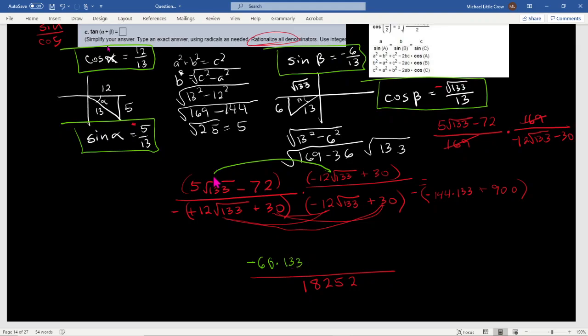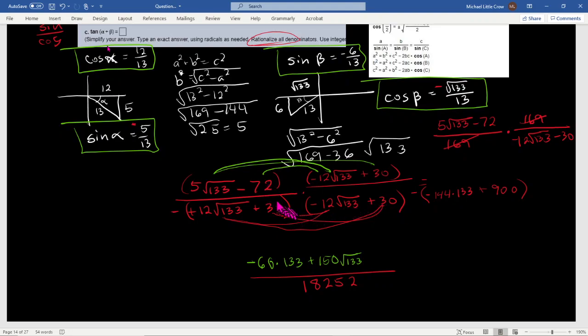Then we get 5 times 30, square root of 133, so that's plus 150 square root of 133. And then we get this negative 72. That came from the 6.